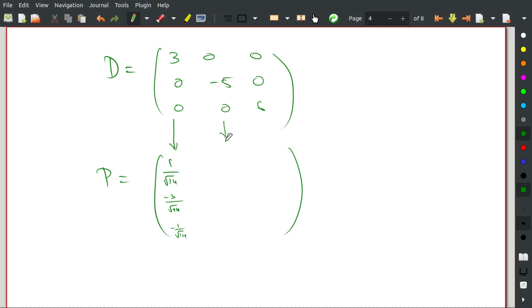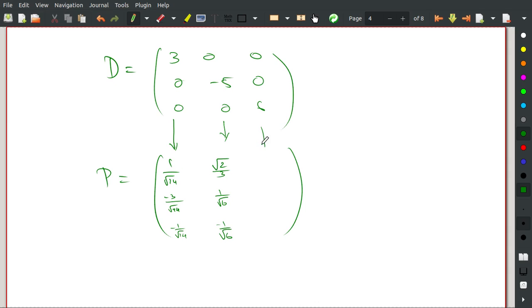And for minus 5 we have the normalized eigenvector as root 2 by 3, 1 by root 6 and minus 1 by root 6, okay?